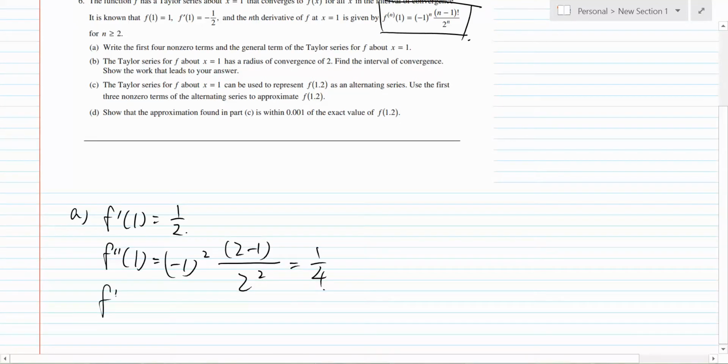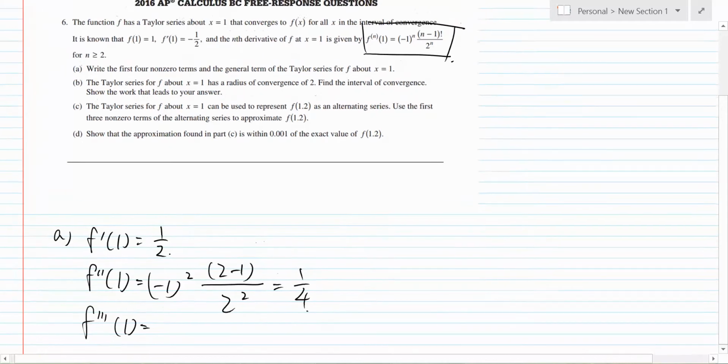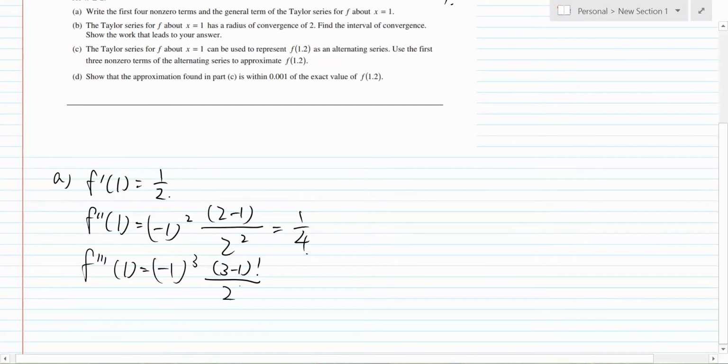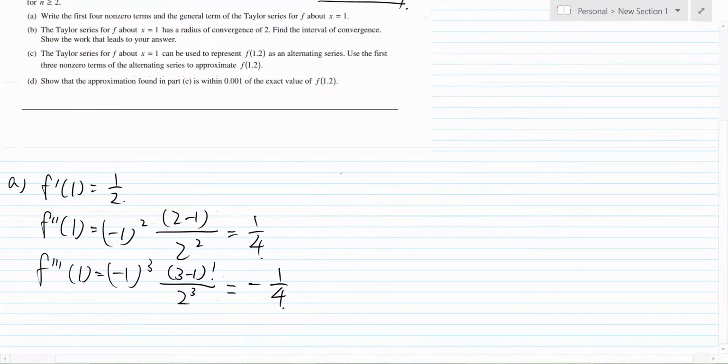And then f triple prime of 1 equals -1 to 3, and 3 minus 1 factorial over 2 to the third, which equals -1/4.